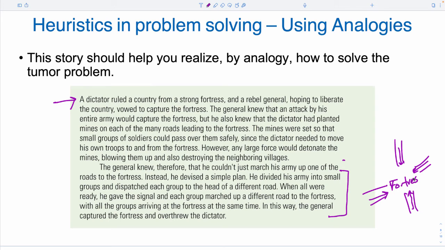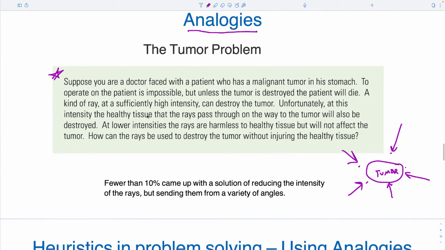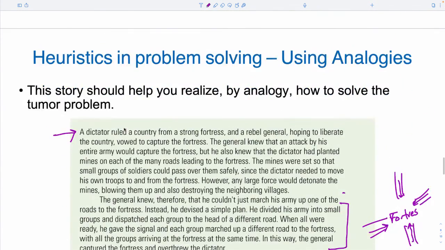And so the question is, if people are able to see this problem with this solution and then come upon the tumor problem, will they have an advantage in solving the tumor problem using a very similar or analogous type of solution?